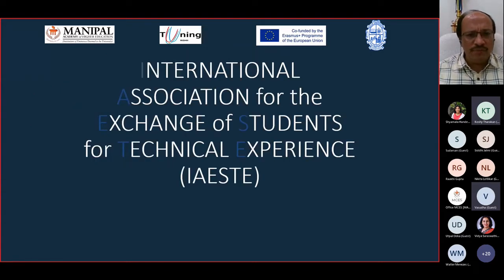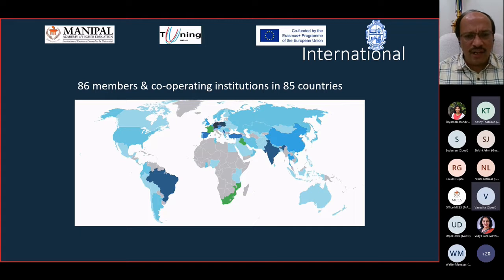One of the organizations is the International Association for Exchange of Students for Technical Experience, in short, IAESTE. It's a student-run organization in India, but this organization is there in approximately 85 countries. This organization started in 1948, immediately after World War. People felt that only people mobility can bring peace to the world.